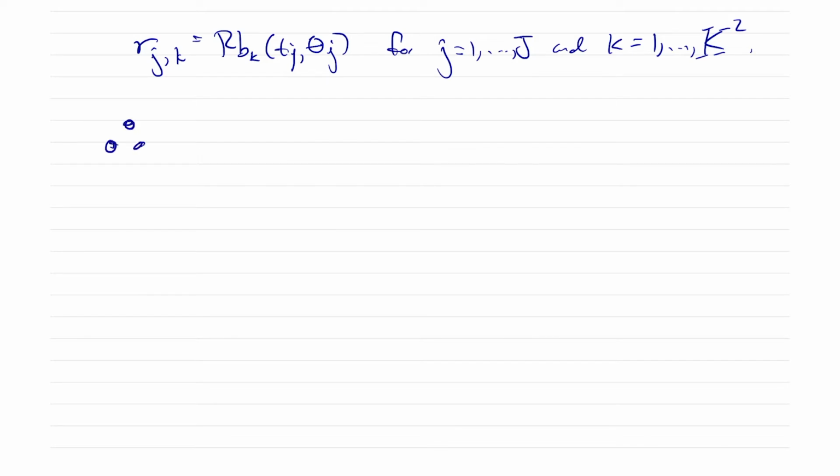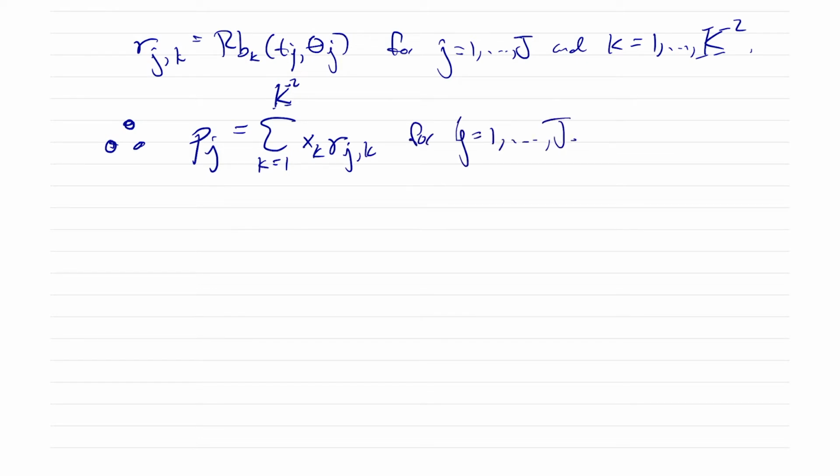Therefore we finally have a system of equations that we can properly talk about. P_j is equal to the sum over little k going from 1 to big K squared of x_k R_jk, for j going from 1 all the way up to capital J.